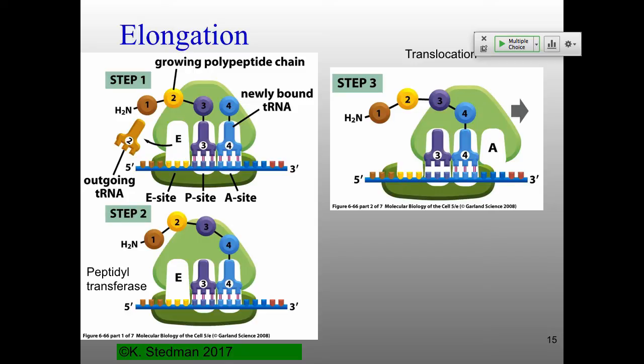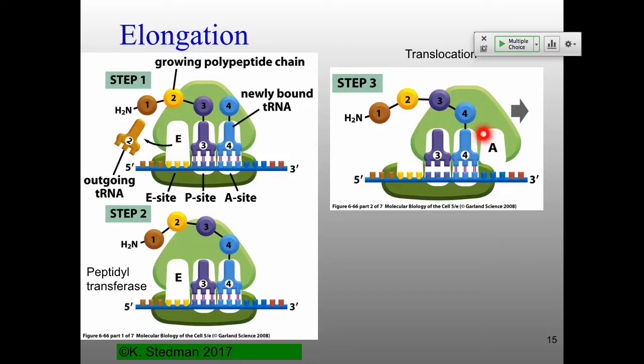And then the ribosome needs to move, because now we've got our growing polypeptide chain here in the A site. There's nowhere to get that new tRNA bound. So there's actually a two-step process.